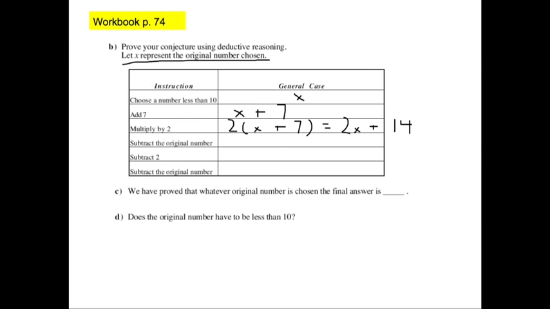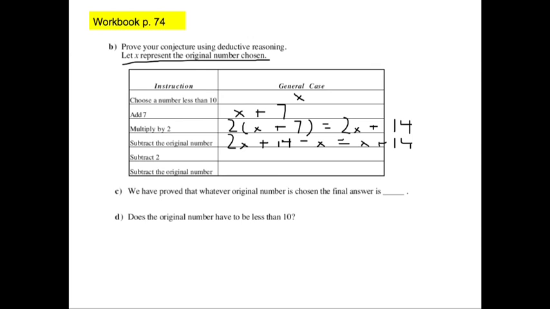If you subtract the original number, that is x, that's going to be 2x plus 14 minus x. That will give you x plus 14.